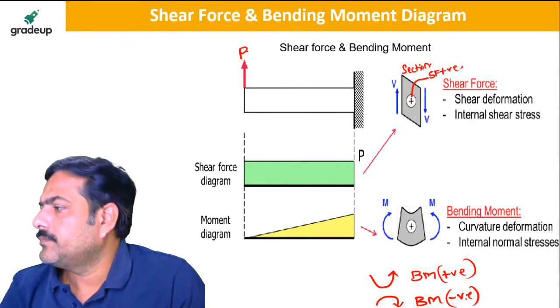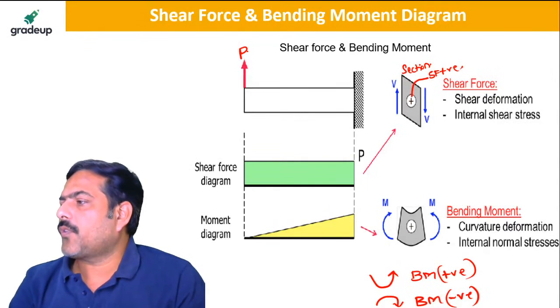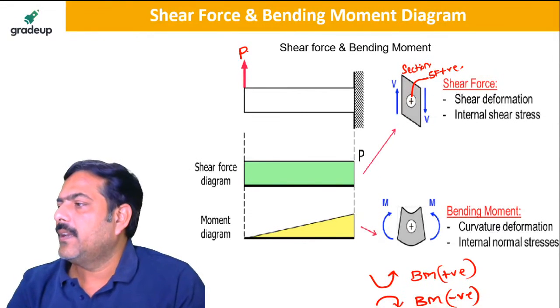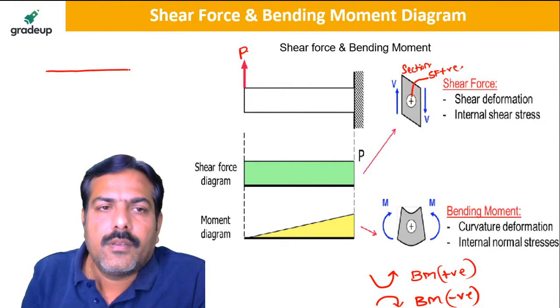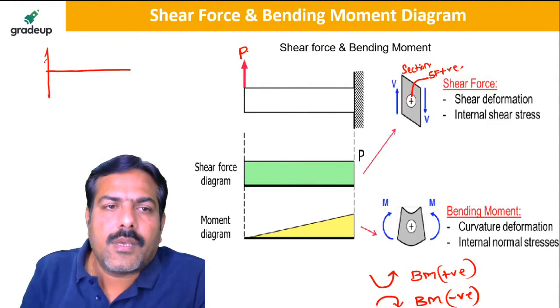Is this clear? In case of a concentrated moment, suppose there is a concentrated moment acting here like this, your bending moment will be just a vertical jump.